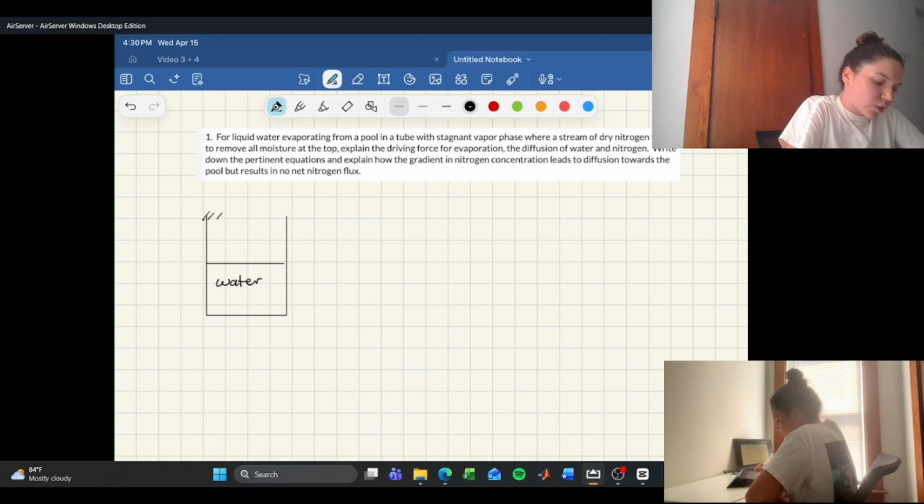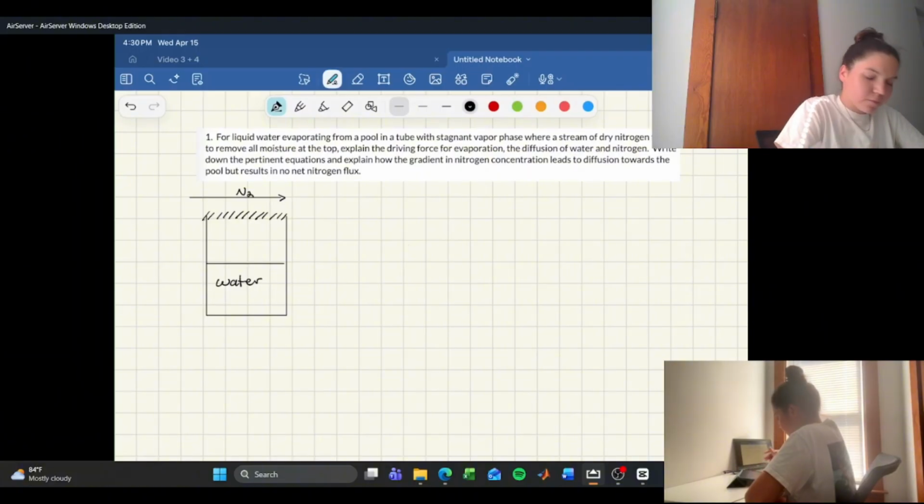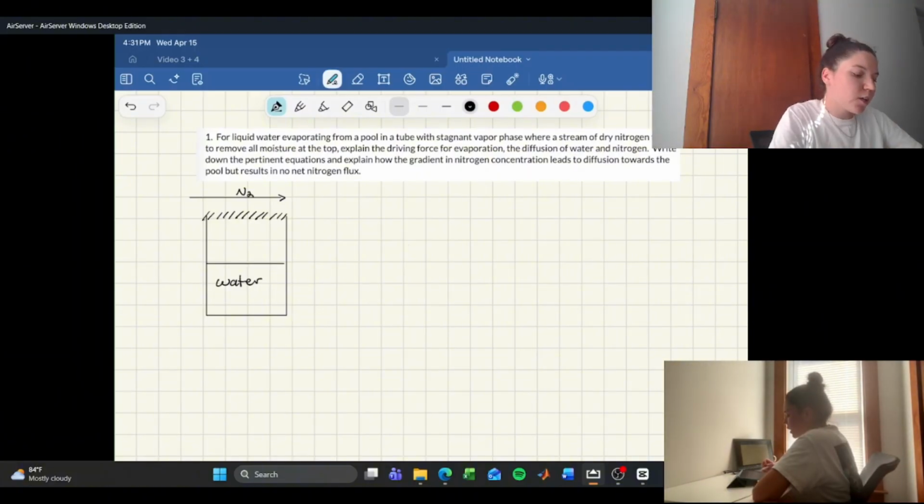This is going to have a screen on top with nitrogen flowing over top. And the screen here is just so we don't have to worry about convection currents.